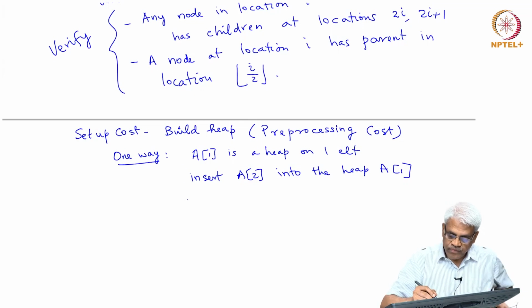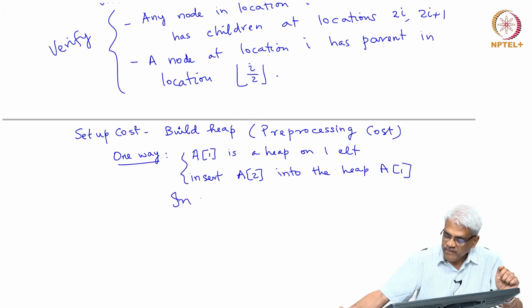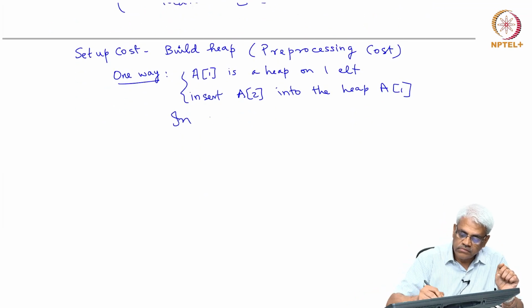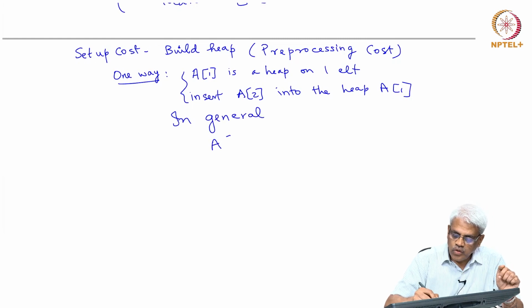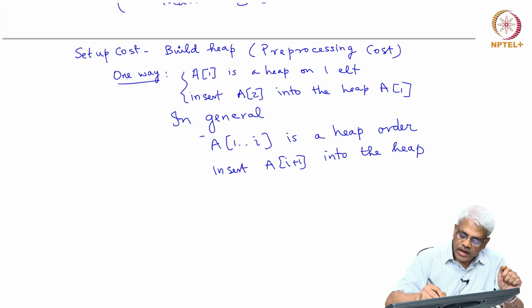In general, A1 to Ai is a heap. Now insert Ai plus 1 into that heap, and then repeat.